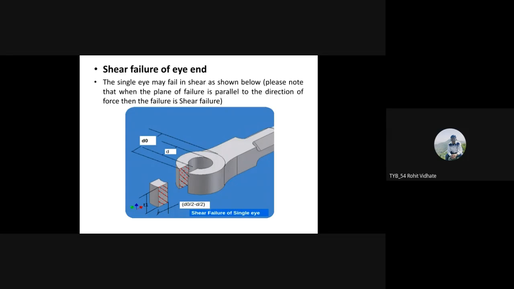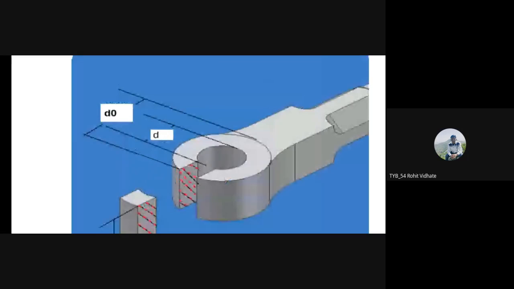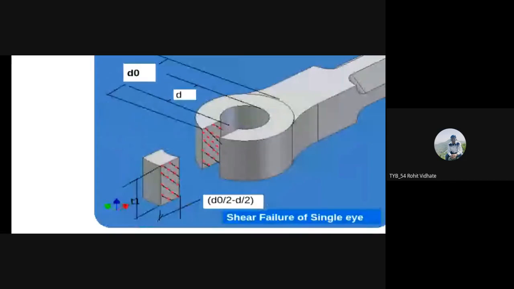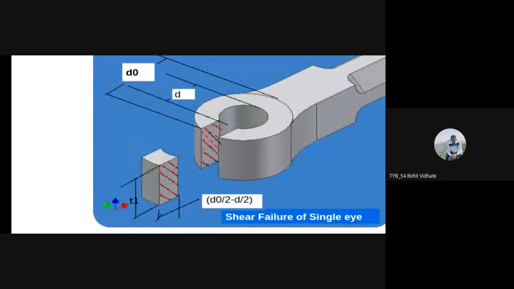If the material is not sufficiently strong and cannot sustain that shear stress, then definitely the pin will shear out all the part in the region of that pin from the eye, as shown in this diagram. With the pin, this whole area will come out.